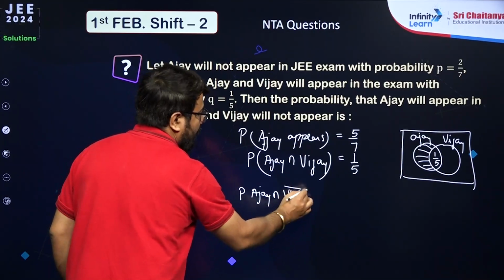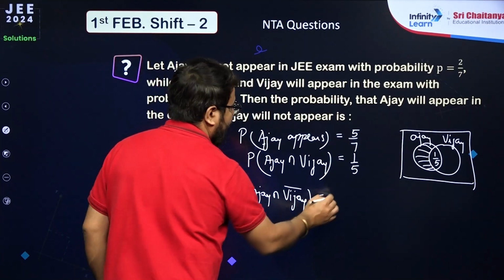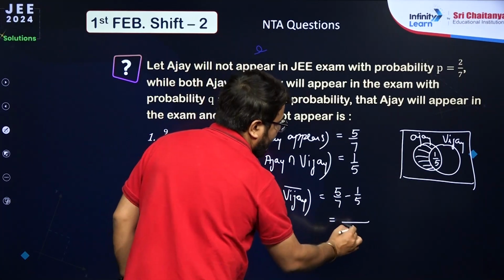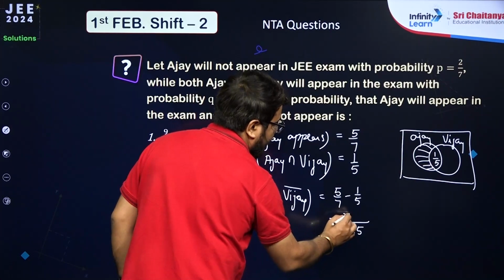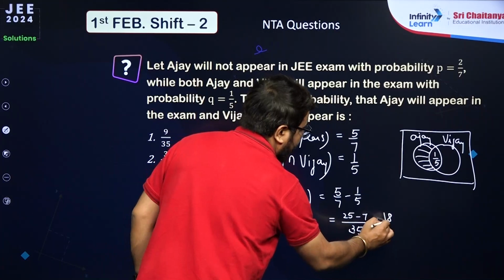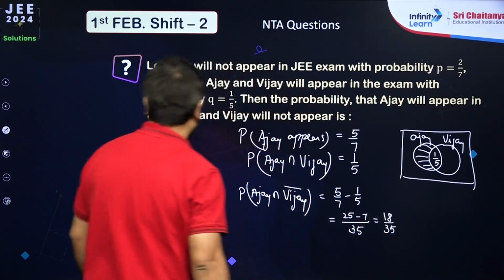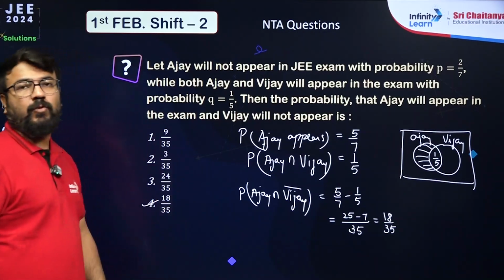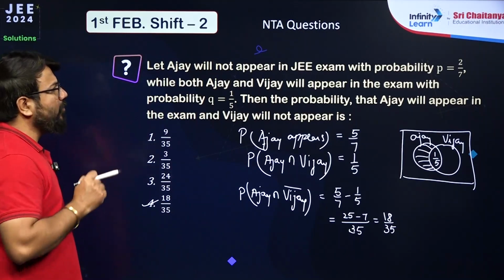So in this situation, I can write here 5 by 7 minus 1 by 5. So 35 will be the LCM, and here it is 25 and here it is 7. 25 minus 7, that will become 18. 18 over 35 will be the final answer. 18 over 35 is given to us in the fourth option. So the fourth option is the final answer. I hope you understood this problem.